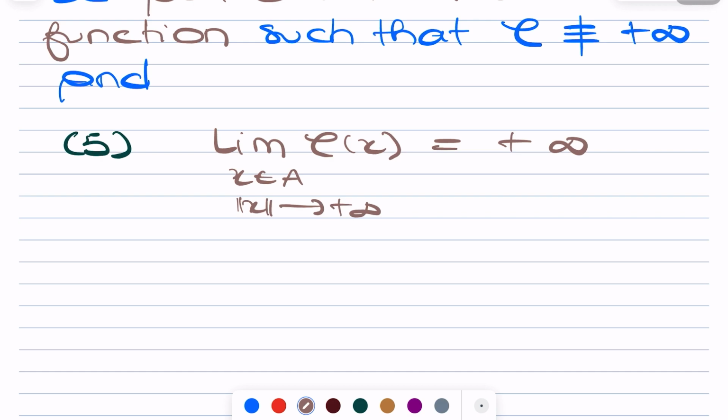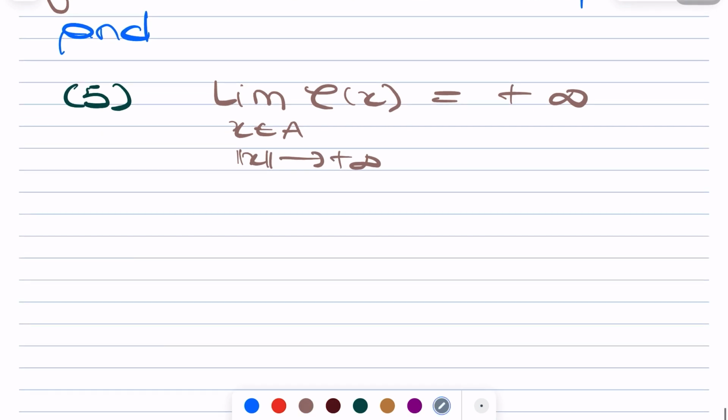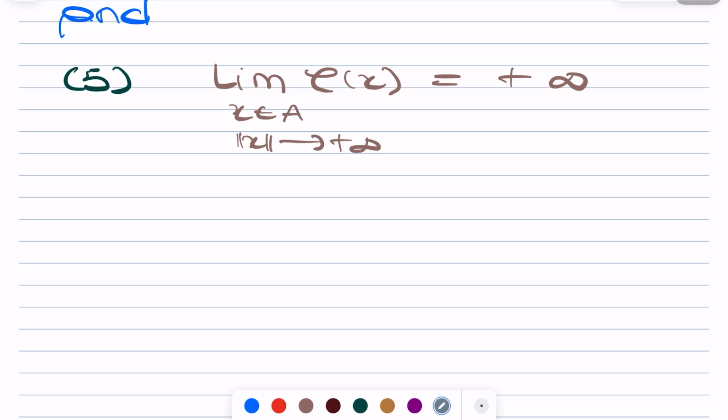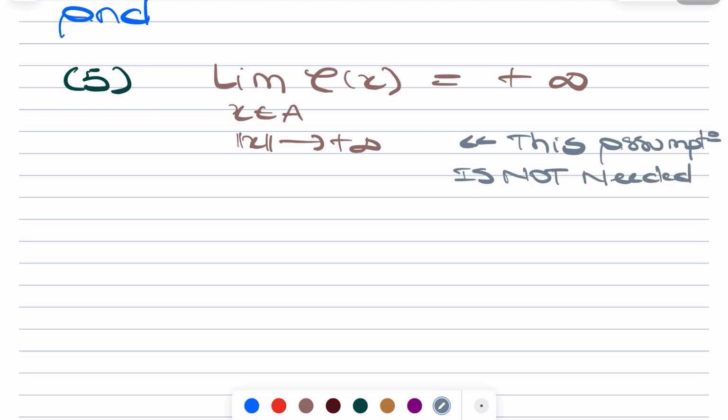If the set A is bounded, we don't need this assumption, so put it in brackets. This assumption is not needed if A is bounded.